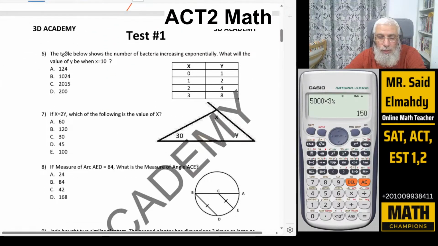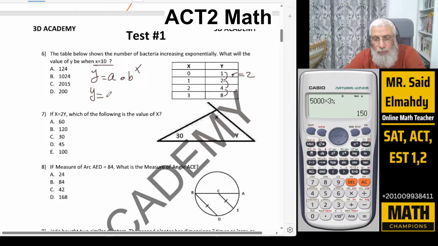Number 6, the table below shows the number of bacteria increasing exponentially. What will be the value of y when x equals 10? So exponentially, each time we multiply by 2, so the ratio is 2. So y equals a multiply b power x.